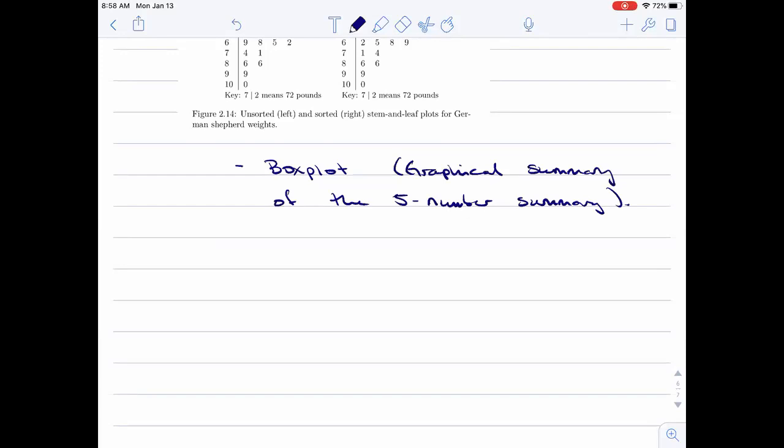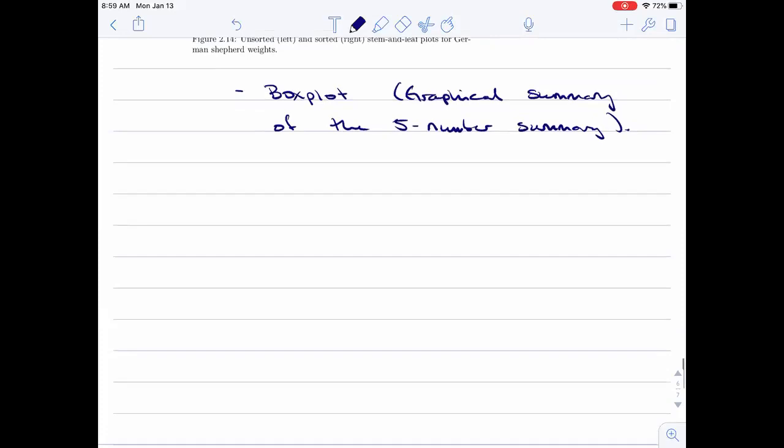Okay, so let's talk about the shape then. So here are the things that we can use to look at the shape. What is this thing going to look like? For us in this course, what we're mainly looking out for is a normal distribution, or a bell curve distribution.